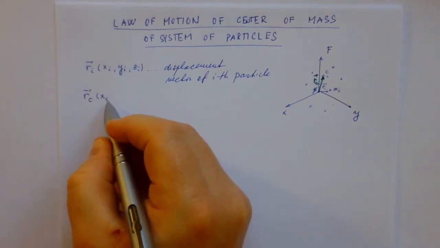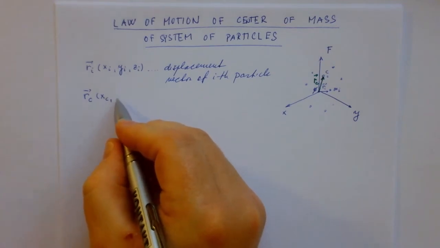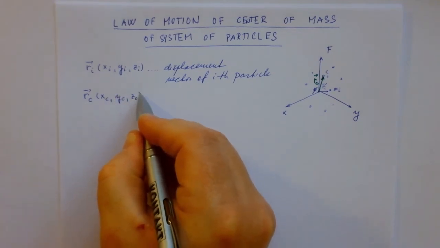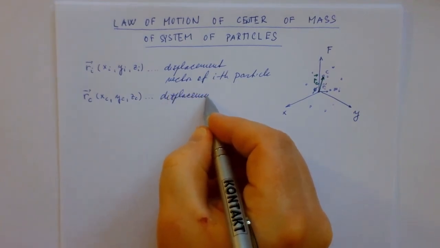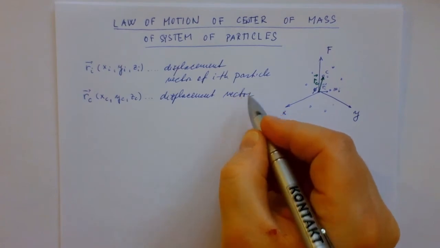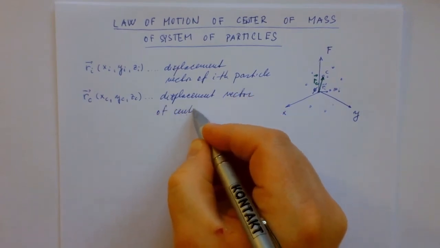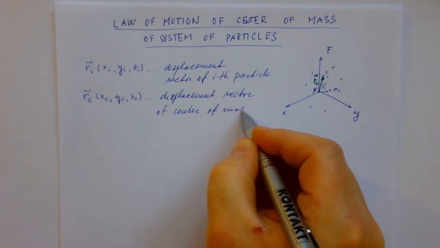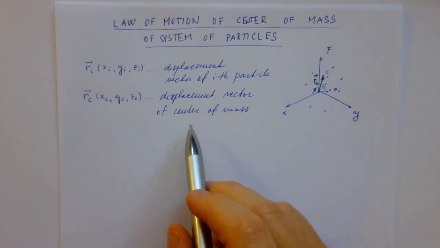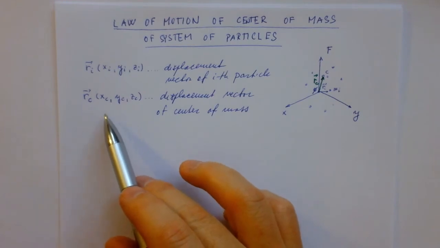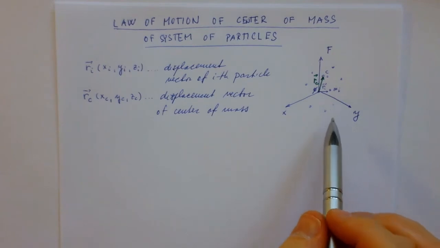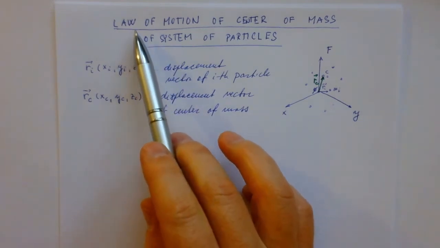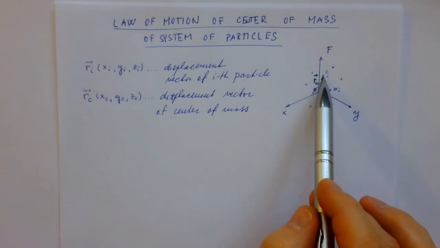With coordinates xc, yc, zc. So this is the displacement vector of the center of mass. So it's only a geometric point. It's not a position of any particle. It's just a center of mass of this group of points. And we will discuss the law of motion of this geometric point of the center of mass of particles.